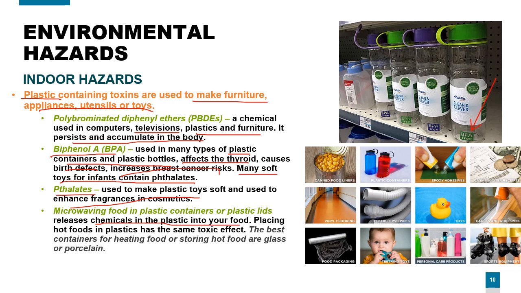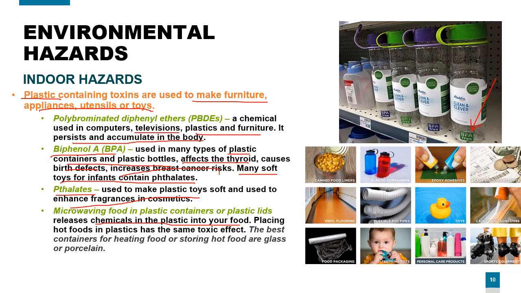That's why may mga designed na plastic materials that are microwavable, meaning to say these plastic materials could be used for microwave and it could resist the chemical reaction, and kapag na-resist niya, of course, medyo mababa yung level of the introduction of these toxic materials sa inyong pagkain. Pero kapag gumamit ka ng mga plastic materials that are not designed for microwaves, maaaring ito yung maging dahilan para magkaroon ka ng iba't ibang klase ng diseases.